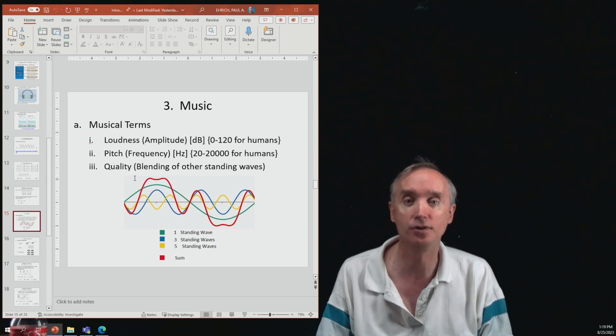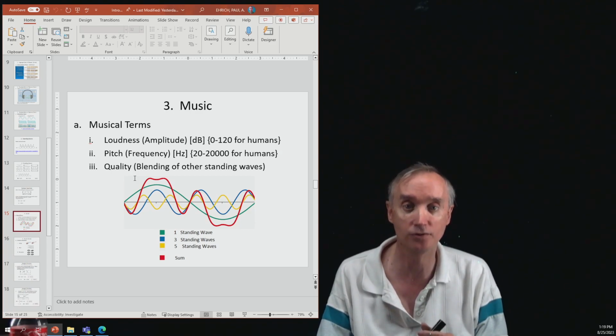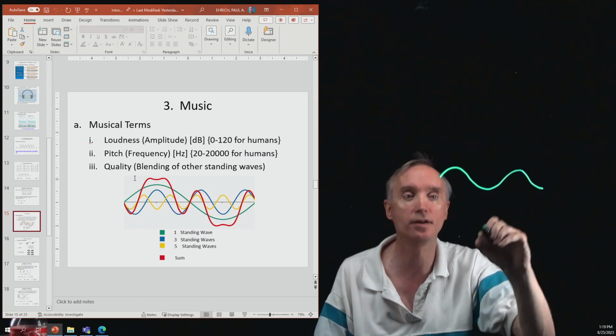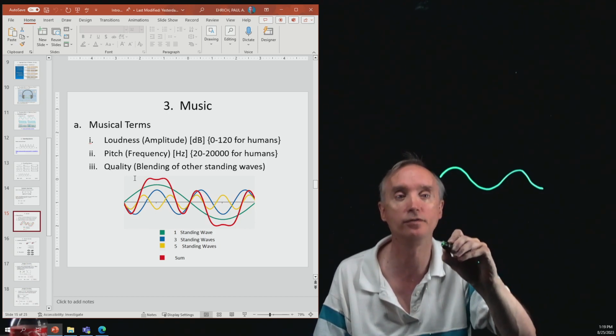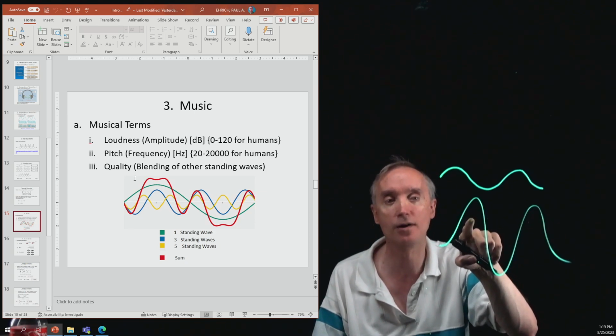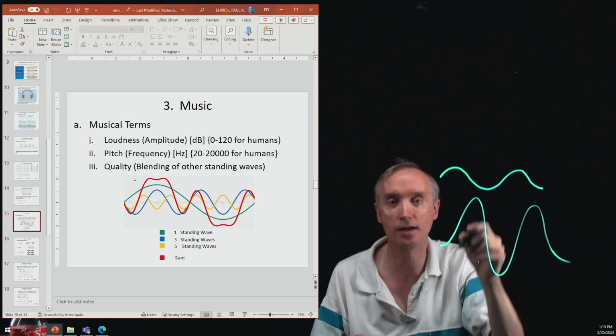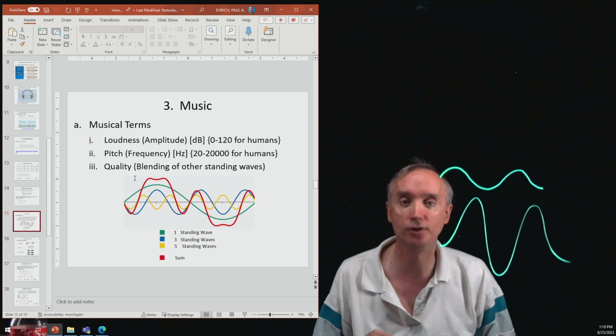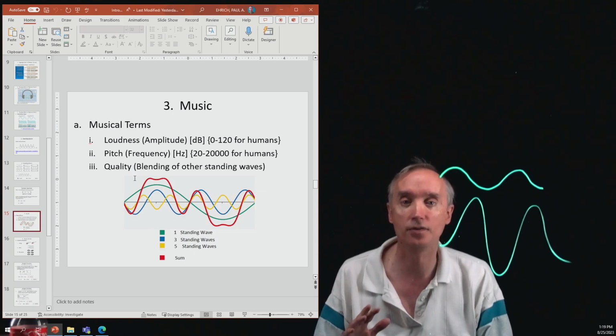So the loudness of sound is going to be related to the amplitude. So if you've got a sound wave that looks like this, and then another sound wave that looks like this, then this one is going to be louder than this one. So the amplitude is going to be related to the loudness, and we have a special unit for the loudness of sound, and that's called decibels.